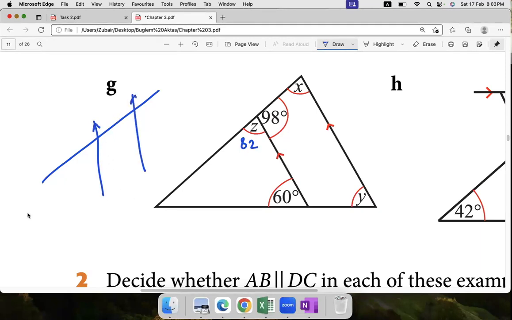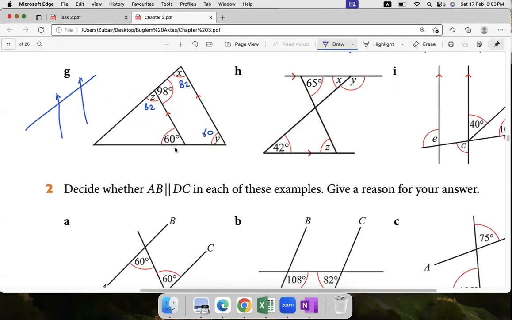Oh, well, 60 is y. 60 is y and x is 82. Yes. And the name is corresponding angles. Corresponding.